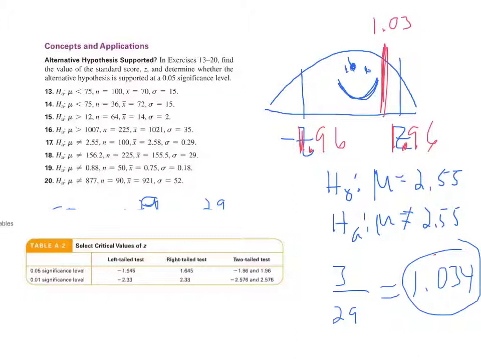So we can't reject HO. We can't say that the mean's different from 2.55. So you see the way that that test statistic from the sample didn't land in the rejection region. Remember, the rejection regions are the tail areas, and this is not.